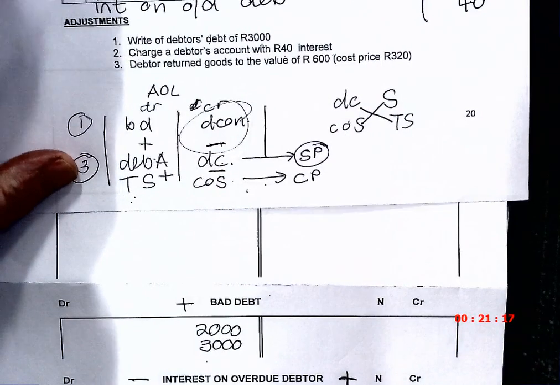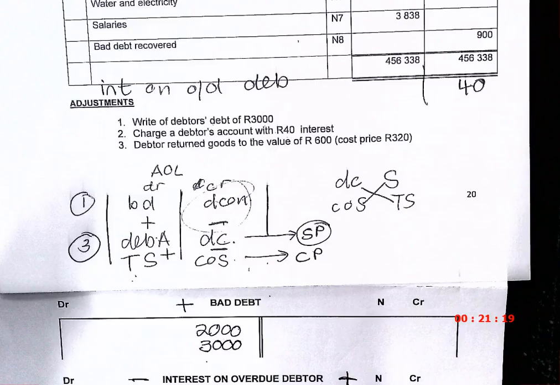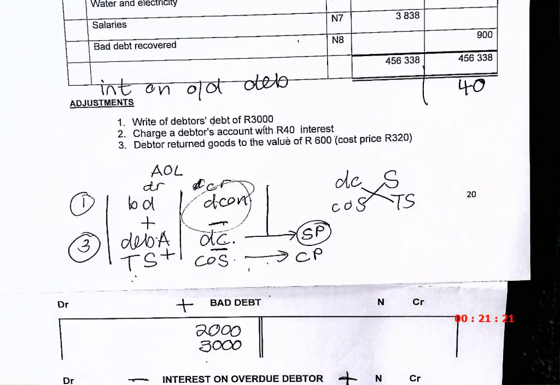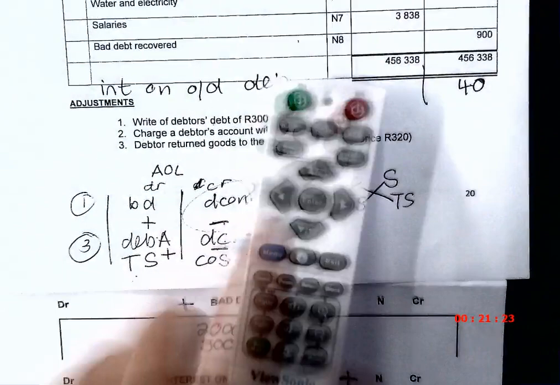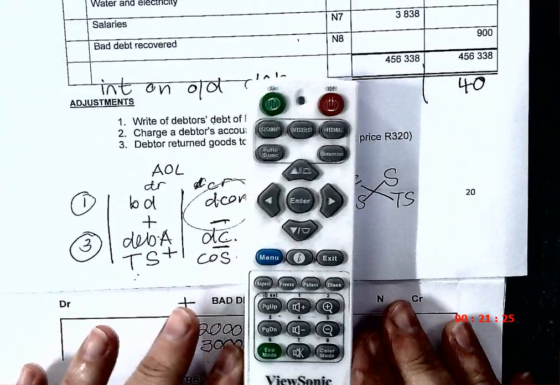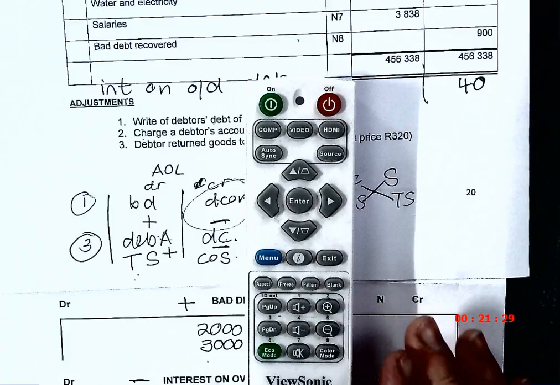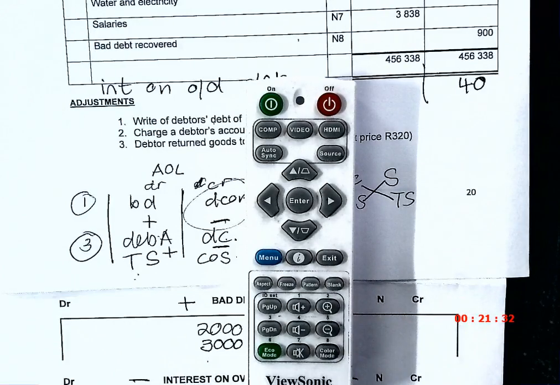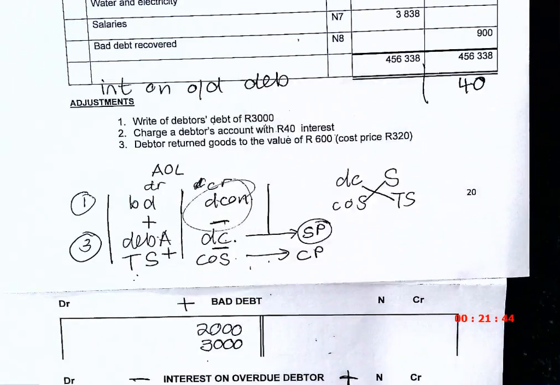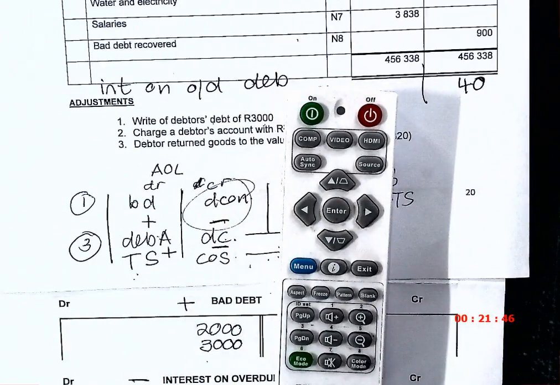Okay. Let's go through it. If I sell this remote for 100 rand and I sell it to someone, that someone now owes me 100 rand, ne? And my sales is 100 rand. Now the person returns it.